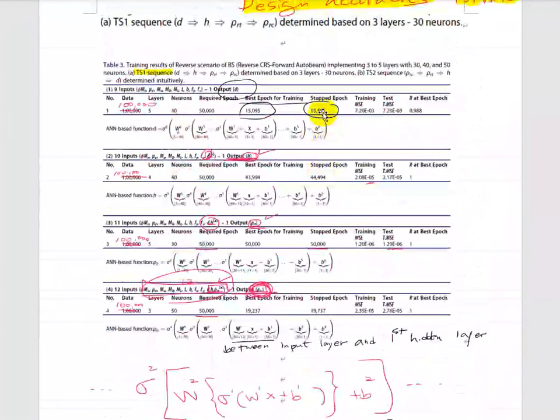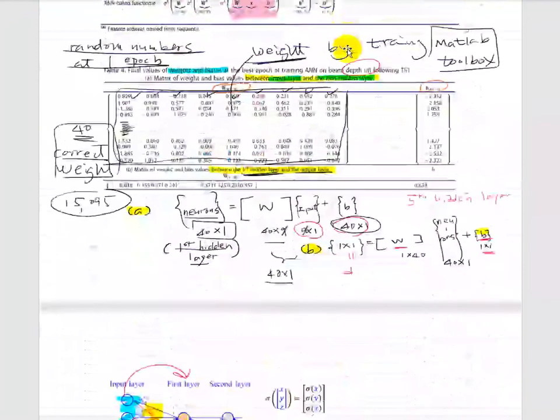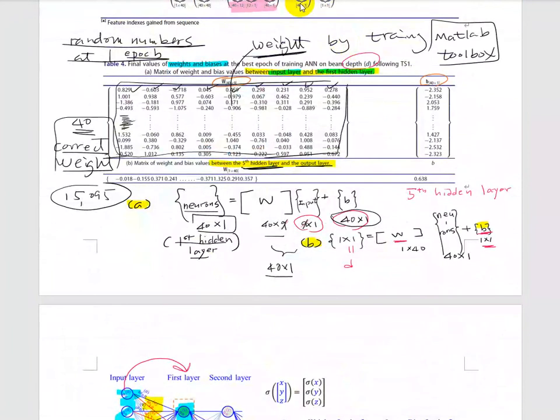If you see over here, we have 5 hidden layers used to predict D. So there's no doubt that we have here 41 by 1 neural values for the 5th hidden layer, and therefore your weight matrix should be 1 by 40. Why 1 by 40? You have to cancel that to come up with a 1 by 1 matrix to be able to predict D as a 1 by 1 matrix, just a single number, I mean.